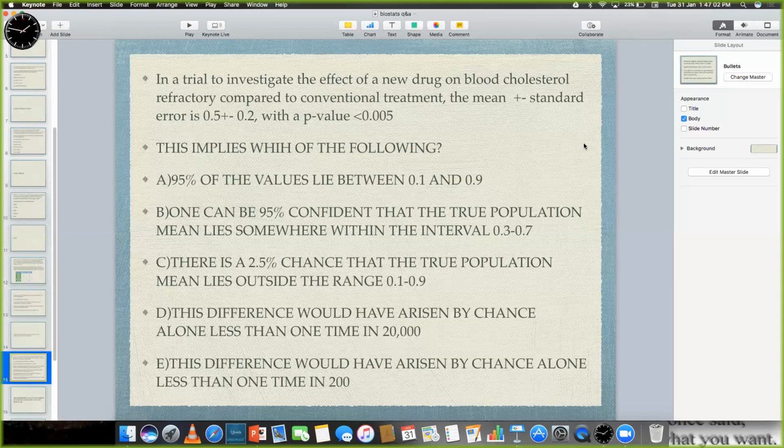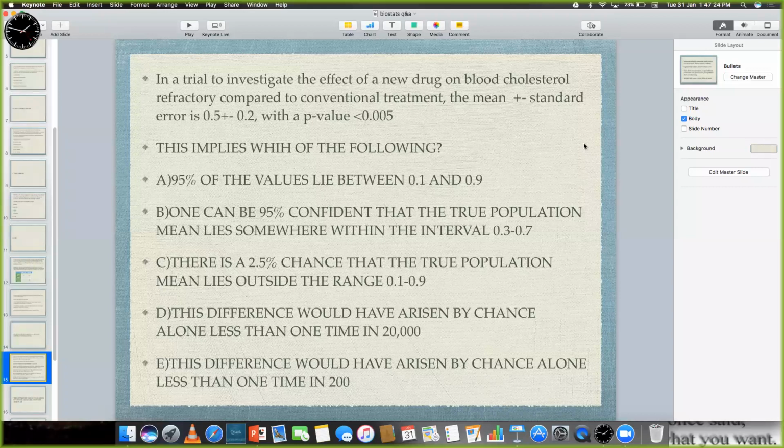Now, he's given 0.5 as the mean, plus or minus 0.2 as the standard error of the mean. So what is the formula for confidence interval? Confidence interval is mean plus or minus standard error of the mean times the z value.